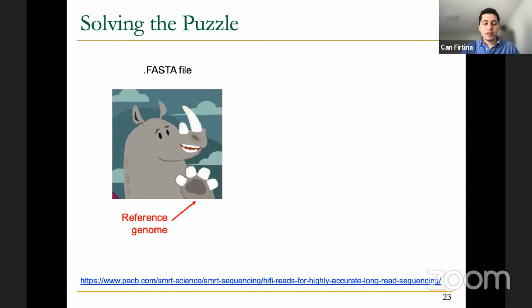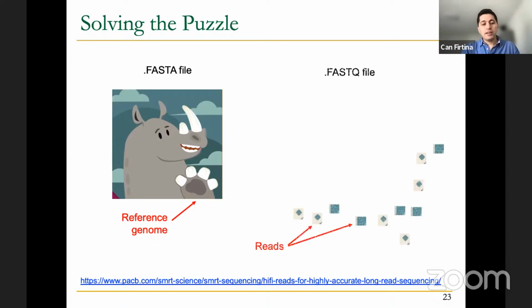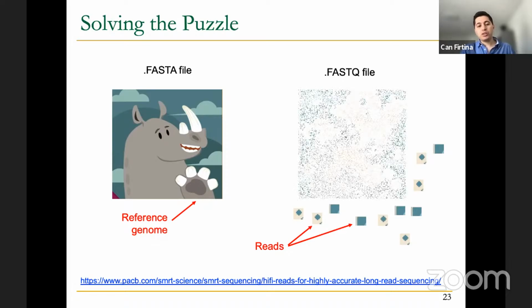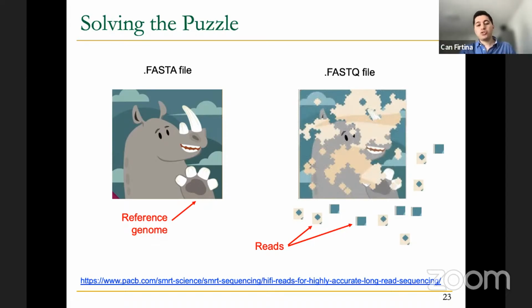And the goal is, by looking at this picture, when you get the reads from the sequencing machine, to complete that picture again, right? But if the pieces are really small, then the problem is really hard, right?